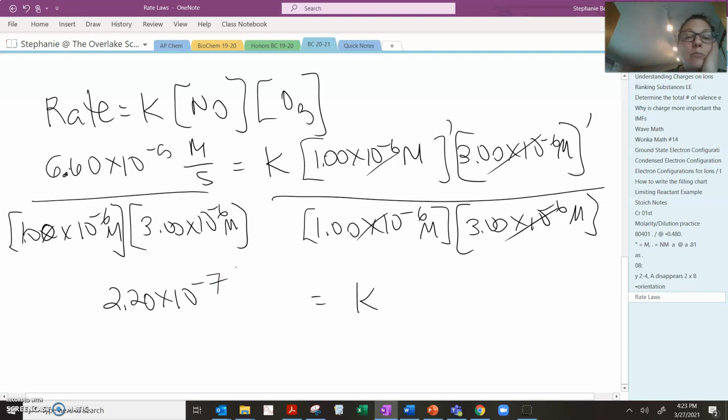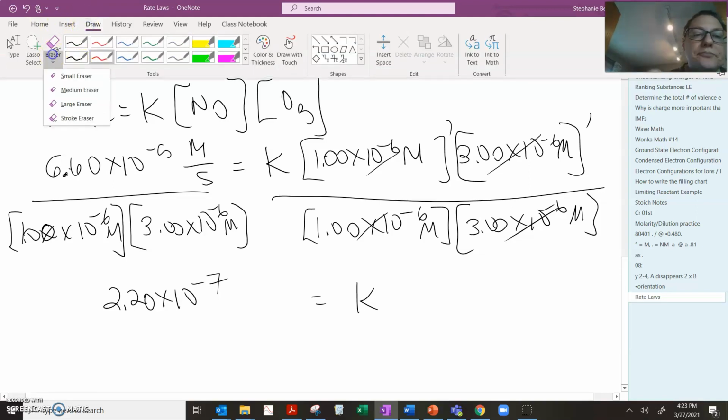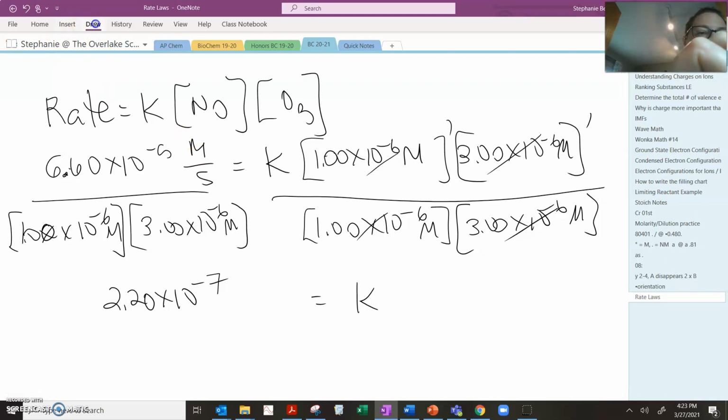And now I'm left with determining my units. So let's highlight these in a different color. There we go, there and there. All right, I'm going to draw these in red so it's a little bit easier.